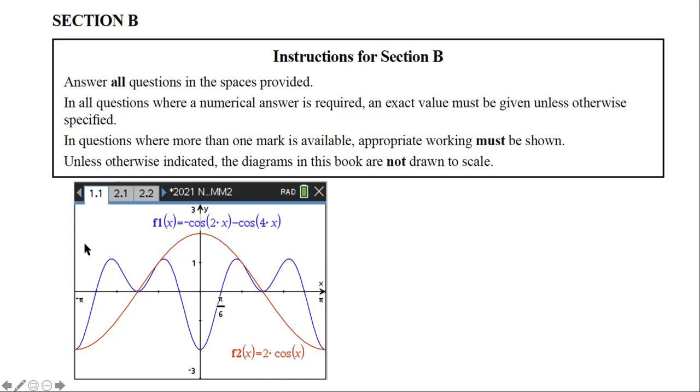This is actually in favor of all exam candidates. So if you get a correct answer but show no working, you could either get full marks or 0. But if you made any mistakes when you are using some sort of approaches without showing any working, you get definitely 0 marks. Unless otherwise indicated, the diagrams in this book are not drawn to scale.